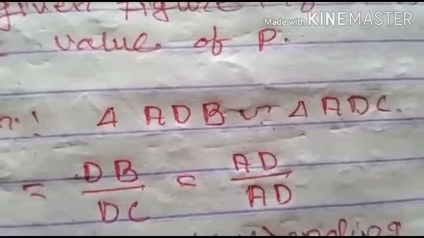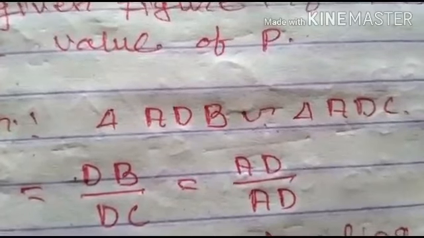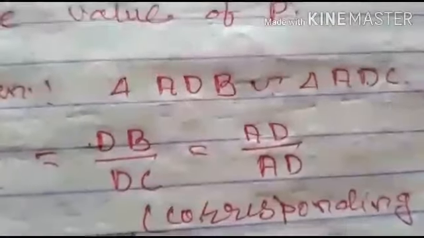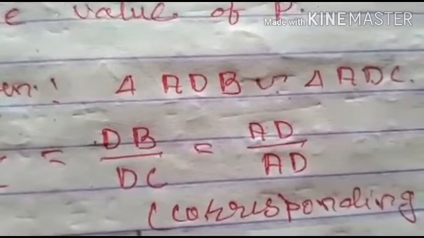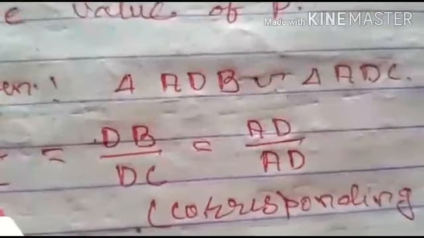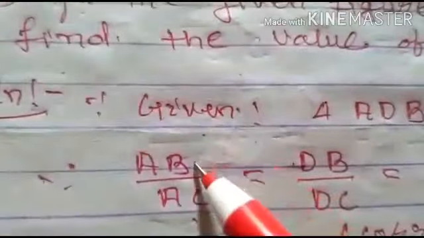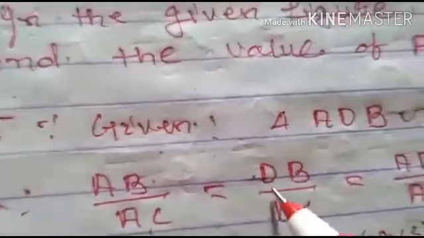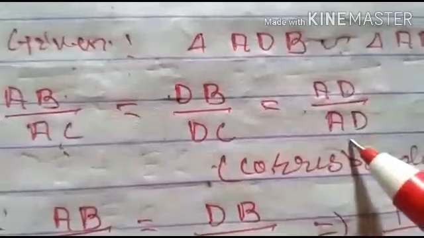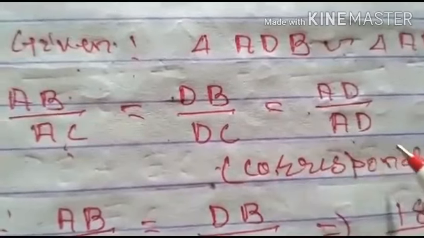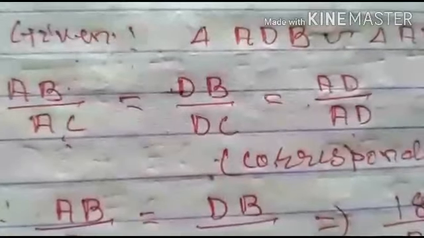So applying the property of similarity, here we can conclude that AB by AC equals DB by DC equals AD by AD, because these are their corresponding sides.